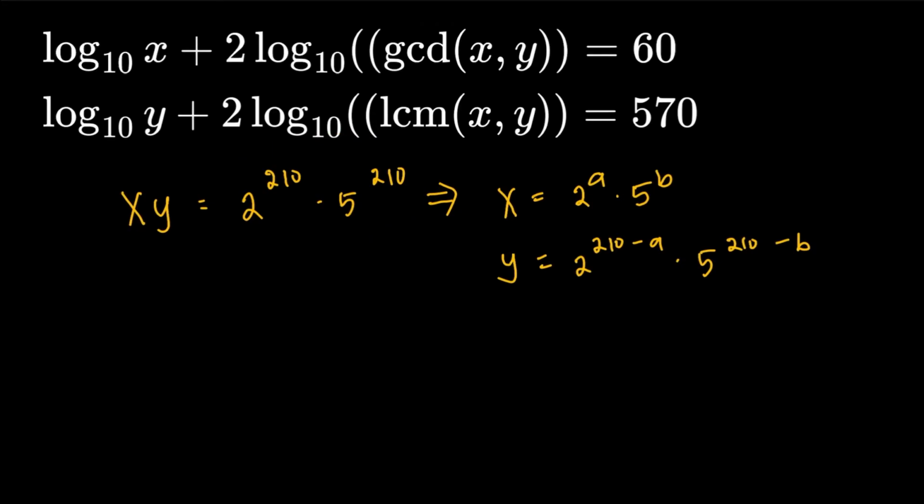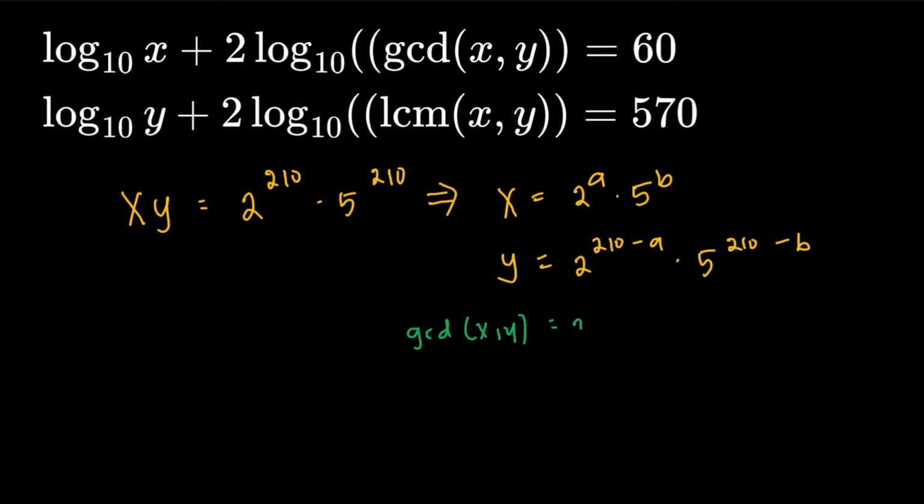So with this, I could also write an expression for the GCD and the LCM. Now, the GCD, let's try to see. If we take the GCD of the two numbers, because I only have two prime numbers here, 2 and 5, I know that the GCD of x and y is going to be of the form 2 raised to something times 5 raised to something.